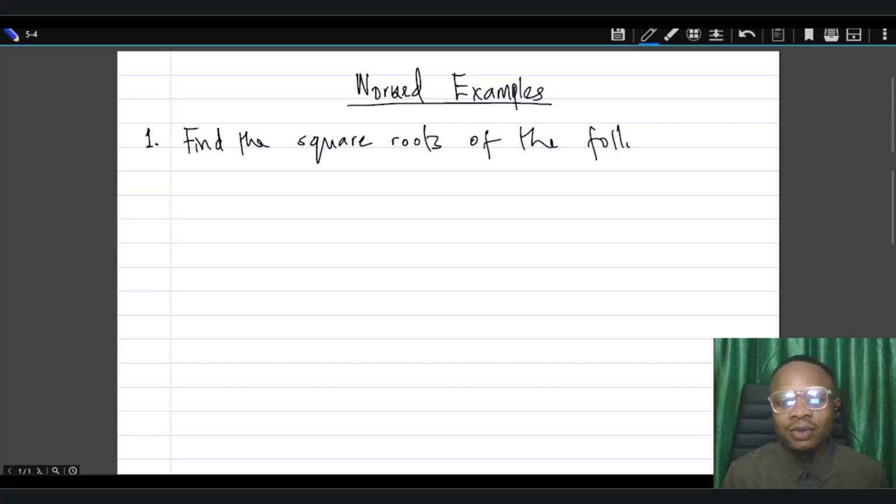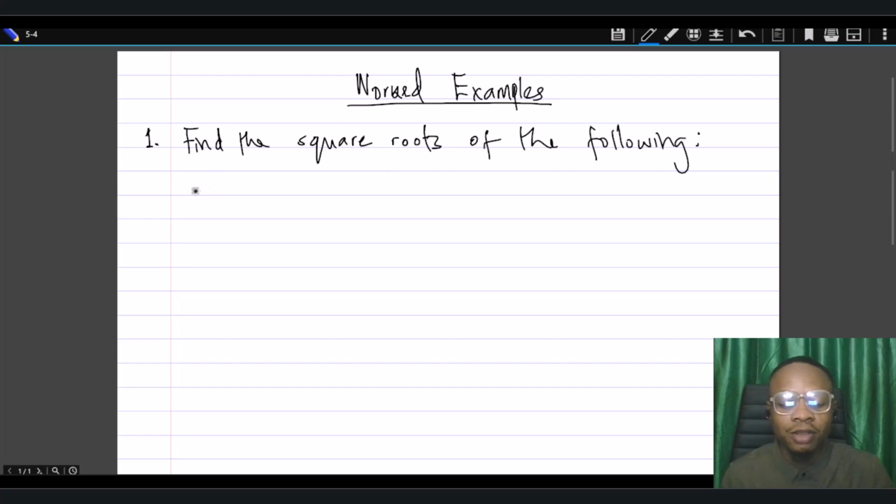So we want to get the square roots of the following complex numbers. Take note of the fact that this has "s", which implies that, as expected, you should have more than one square root. You should have two square roots of the numbers.